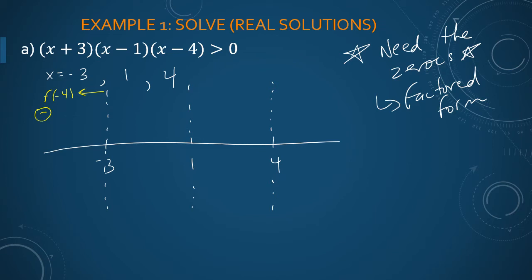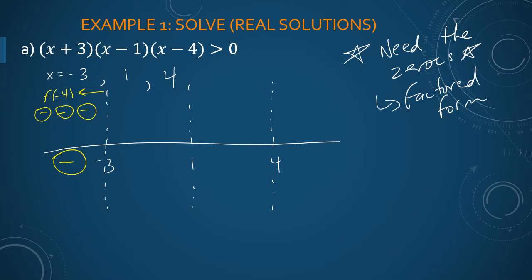I'm just going to write a negative there with a circle around it. Now the next one, -4 minus 1, that's -5. Again, I just care about the sign, which is negative. The third factor, -4 minus 4, -8, that's negative. When you multiply 3 negatives, what is your net result? Well, your net result is negative.